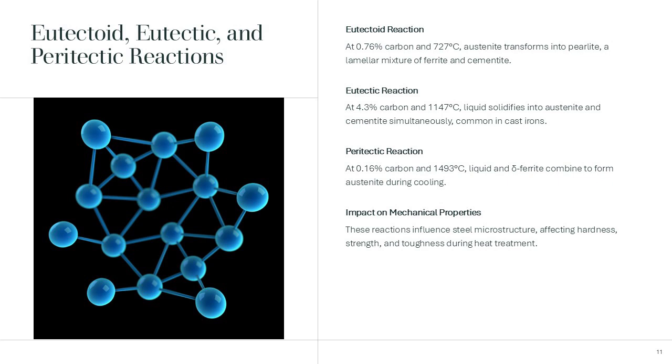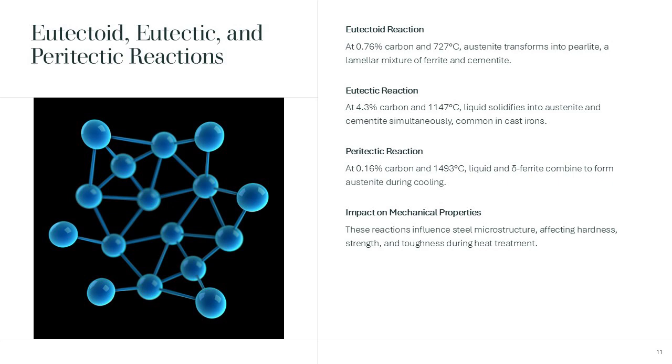The eutectoid reaction occurs at 0.76% carbon and 727 degrees Celsius, where austenite transforms into pearlite, a lamellar mixture of ferrite and cementite. The eutectic reaction happens at 4.3% carbon and 1147 degrees Celsius, where liquid solidifies into austenite and cementite simultaneously, typical in cast irons.